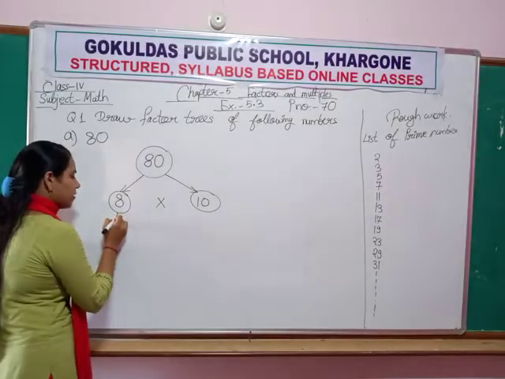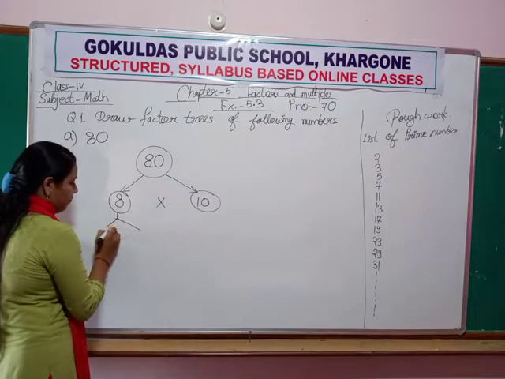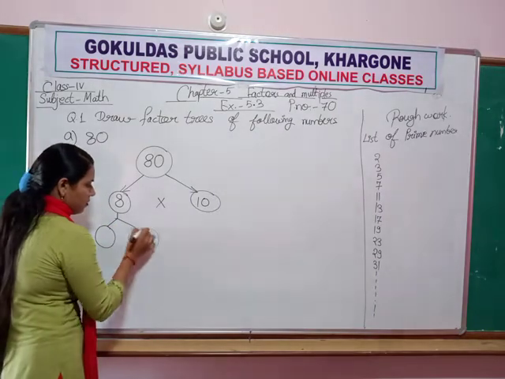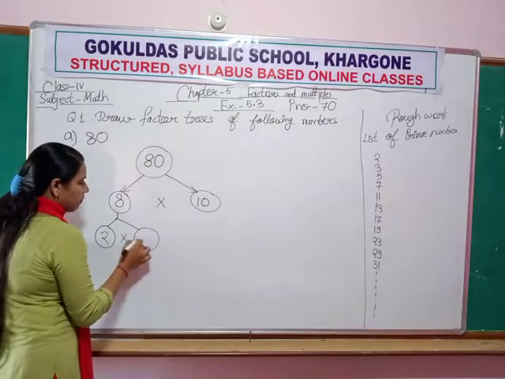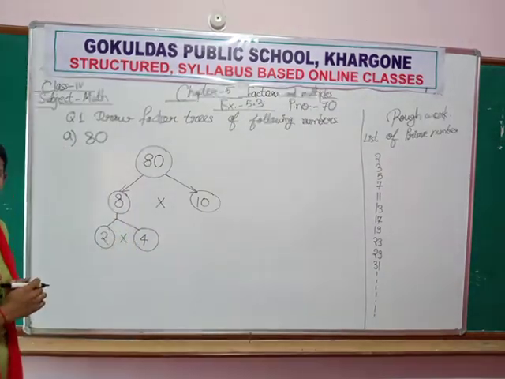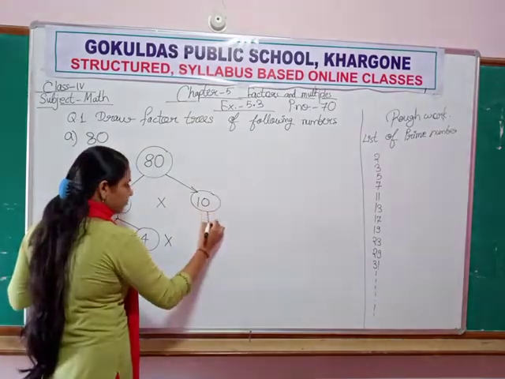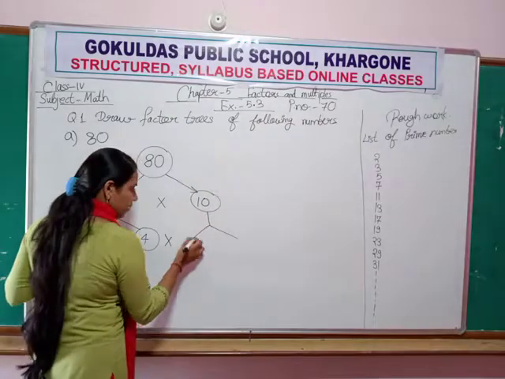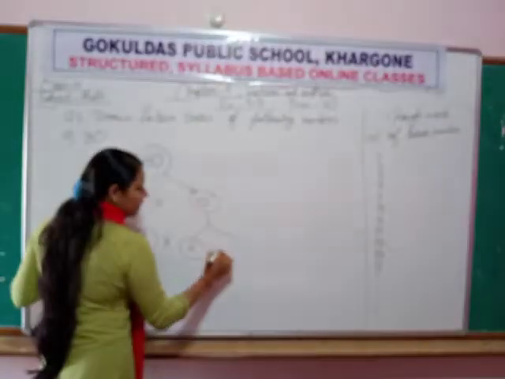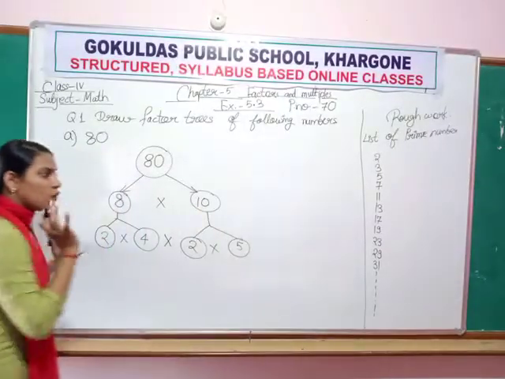Now make branches again. Now 2 multiplied by 4 gives you 8, right? And 2 multiplied by 5 gives you 10.